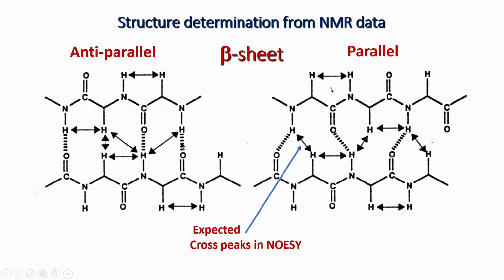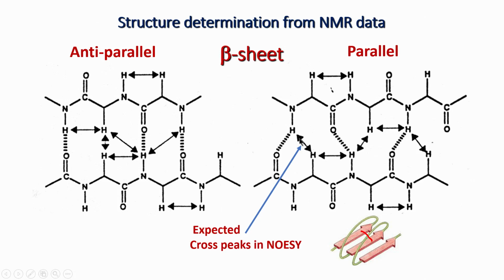Now, in the beta sheet it is a little more long range, because these 2 strands can come together. So, let me show you this here. For example, in a parallel beta sheet, parallel means the strands are parallel to each other, pointing in the same direction. When they come and fold like this, an amino acid here and an amino acid here are actually very far away in the sequence, but you can see that they are close in space because of this close hydrogen bond interaction.